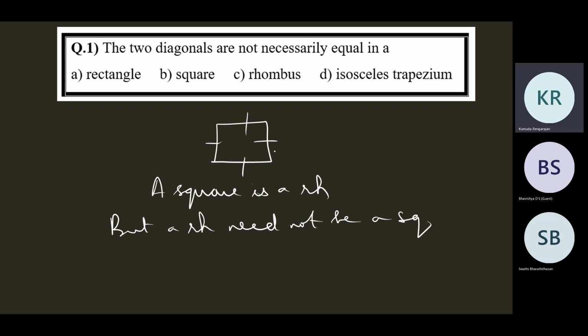A rectangle is not a rhombus because in a rectangle only opposite sides are equal. A rhombus is a quadrilateral in which all the sides are equal, and in a square, all the sides are equal. So a square is a rhombus, and in a square, the diagonals are equal.